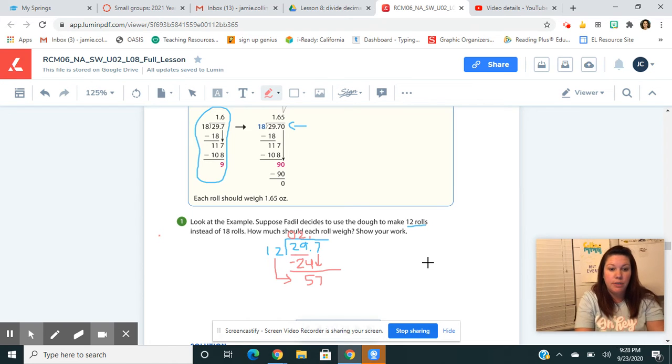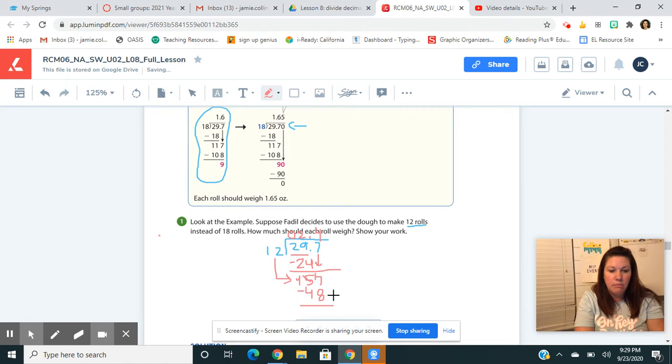So let's try 12 times 4. That's 48. And I'm going to subtract that. I'm going to cross this off, and it becomes a 4 because I am regrouping.